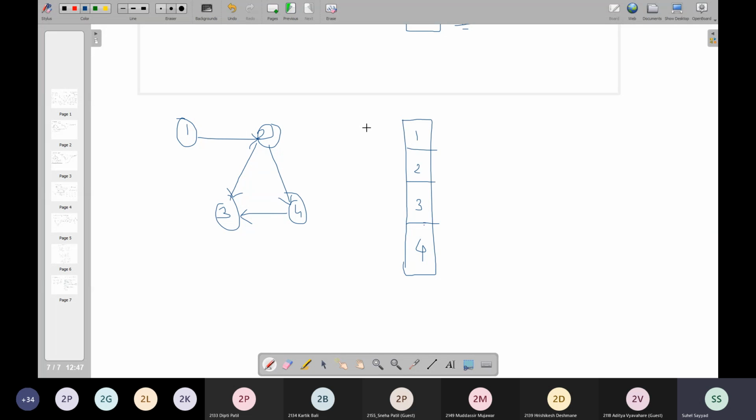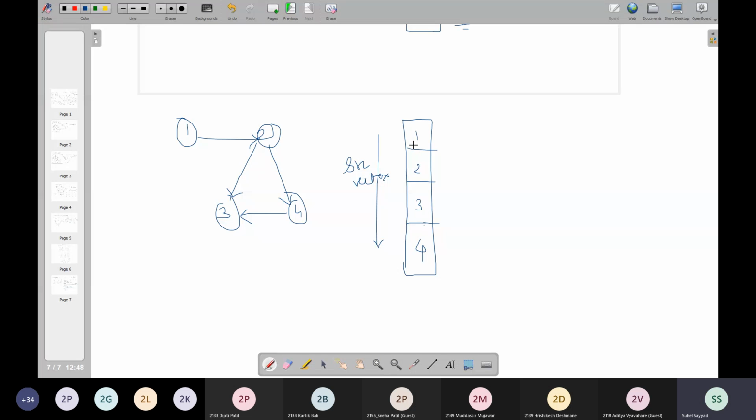Now when I say this linked list, here this linked list is with respect to the source vertex. Treat these linked lists as linked lists for these respective source vertices. Now in the linked list of 1, I will be storing only those edges in which 1 is acting as source in that edge.